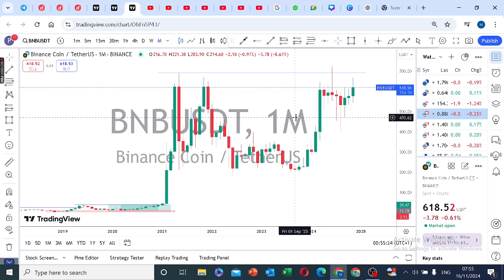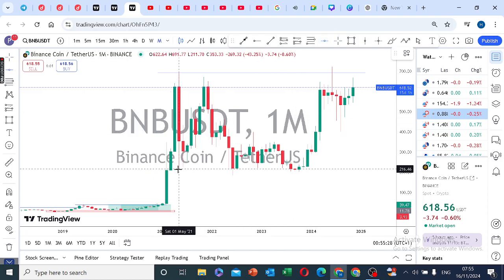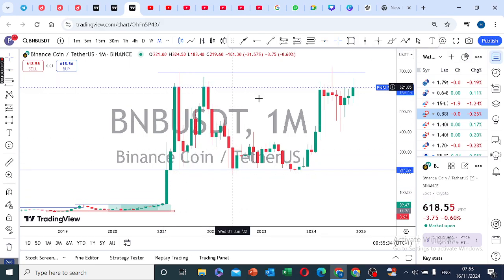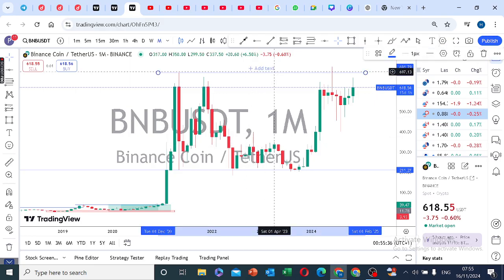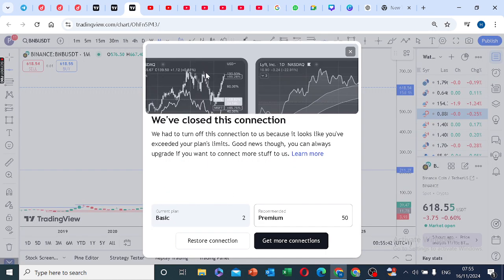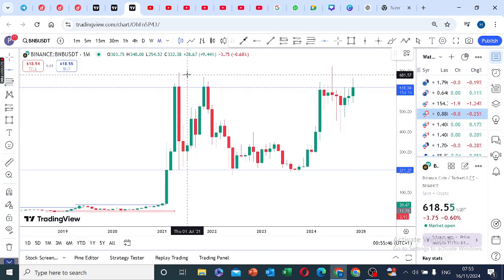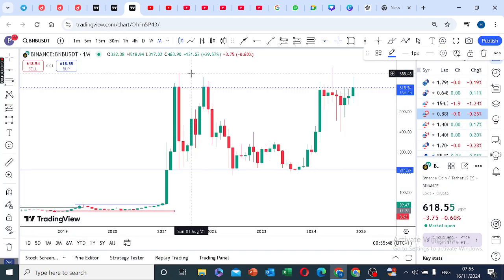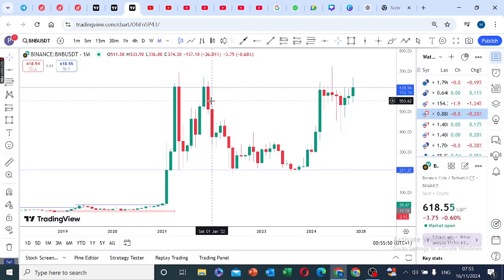And then what can we clearly see? We can see this particular low has been tested multiple times. This low has been tested multiple times. So we are basically working with, let me remove this, we are basically working with this high and the low.